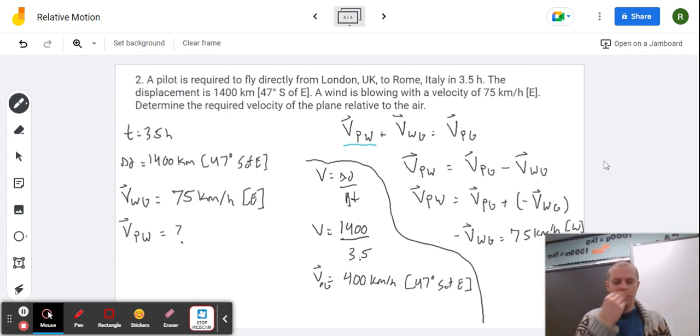Okay, so just the opposite direction. So in order to solve for what we need, we're going to need to take this vector here and add it to this vector here. So 400 kilometers per hour, 47 degrees south of east, and we're going to need to add that to 75 kilometers per hour west.